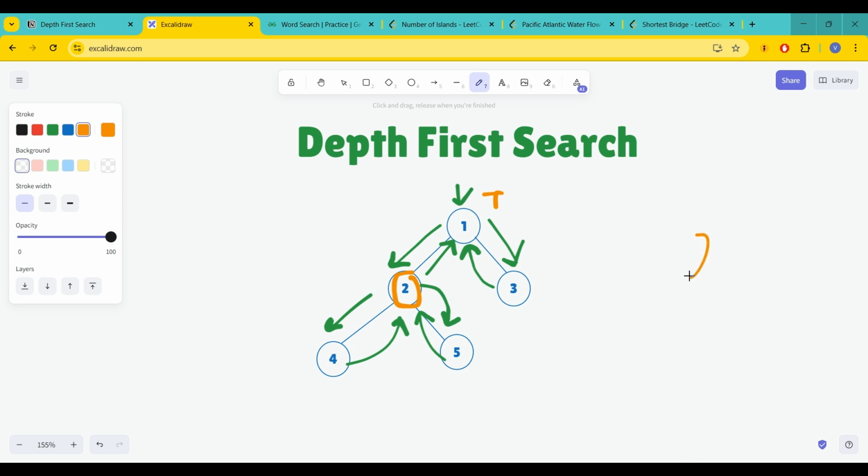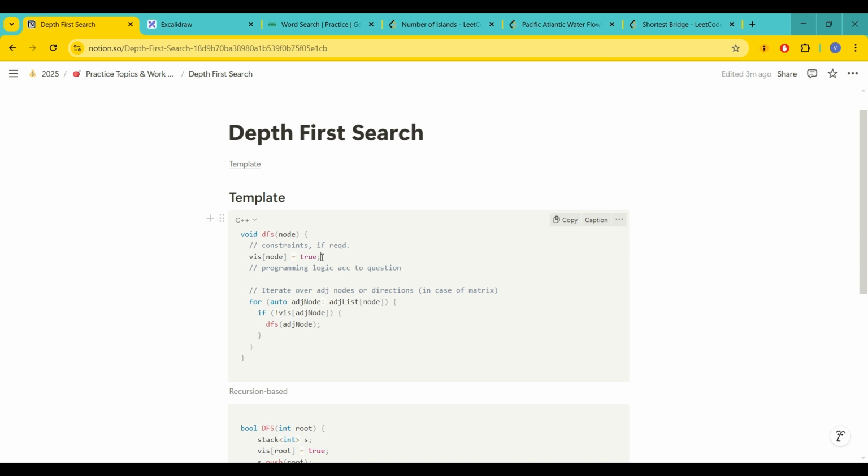From 2 I can go to 1, 4 and 5, right? So why did I choose 4? Even if we go sequentially, I could have chosen 1. Or even if not sequentially, even if I go across 4 and 5, I will have 1, right? But we cannot visit 1 again. So we need some data structure which tells us that we have visited 1 already. We need not go there again.